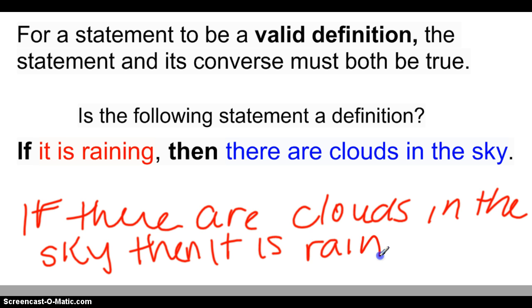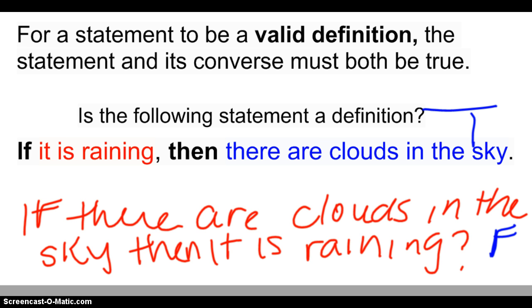Is that a true statement? You have to think about this. For this to be a valid definition, is that true? If you think about it, it's false. You can have a cloudy day but it's not raining. So this one's false. This is true, this is false. If one of them is false, then it is not a valid definition.